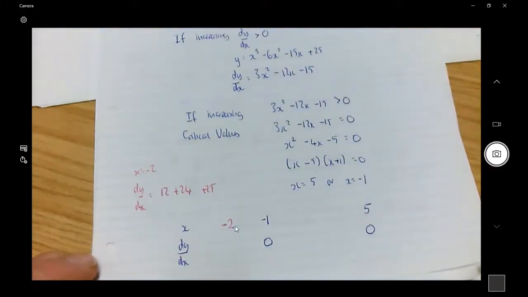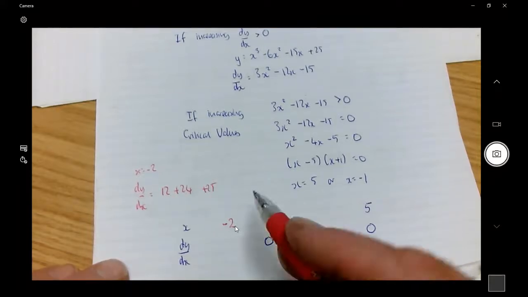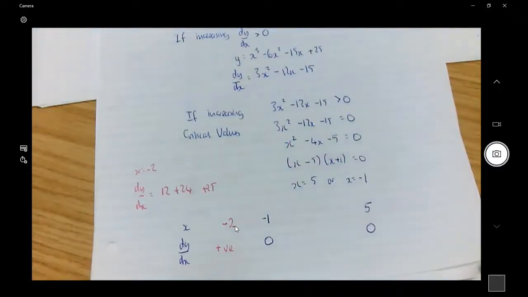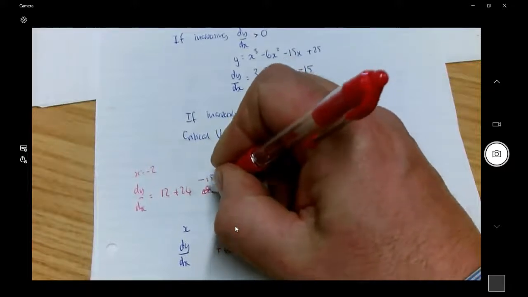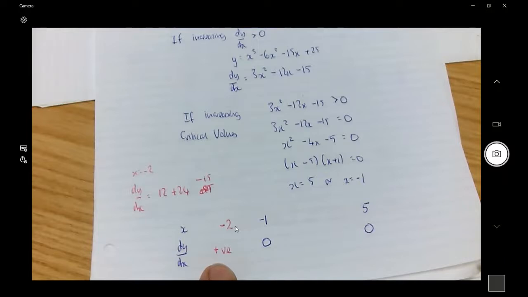In other words, that is positive. I don't need to know what it is, so long as that is more than... oh, wait a minute. I've just gone wrong here. It's minus 15, but anyway, it's still positive. Right? So, the gradient is positive for values of x less than minus 1.